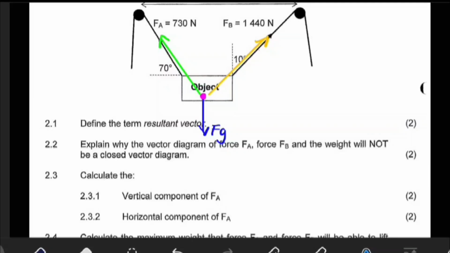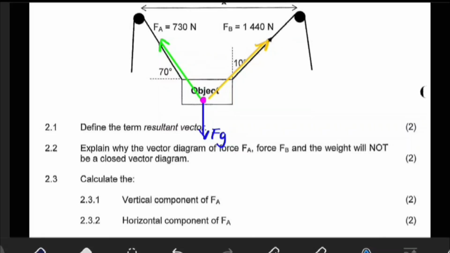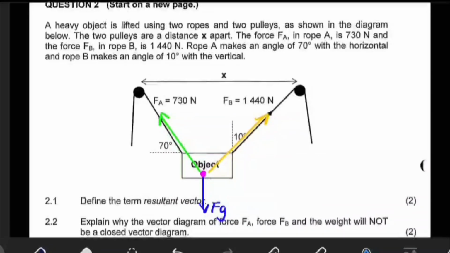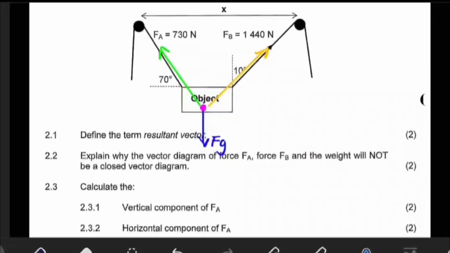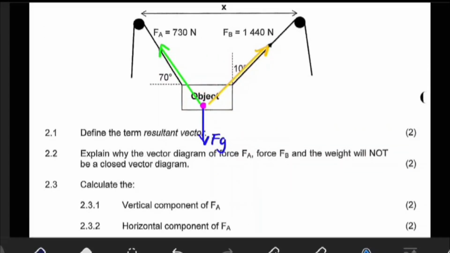There is no acceleration. However, when we read the information here, it says a heavy object is lifted, meaning that this object is being lifted up. So there is actually some acceleration to it since the object is moving up. So the net force acting on this object is not 0. And that is actually good enough to write as your reason.